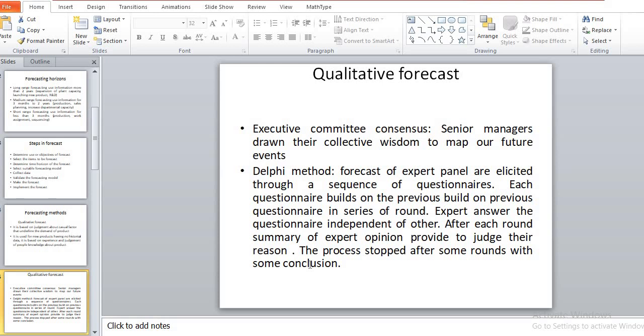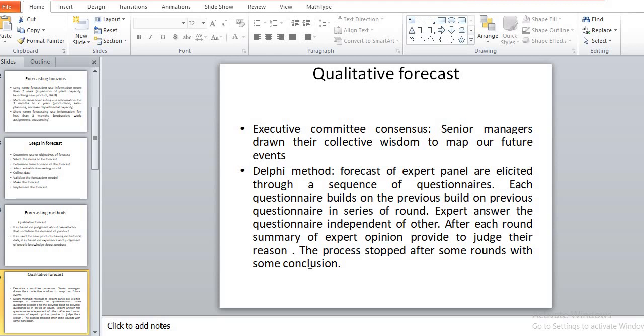In this Delphi method, a set of questionnaires is prepared, a sequence of different questionnaires, and these are asked to the experts. One facilitator provides the questionnaire to the experts and asks for their opinion about the questions.